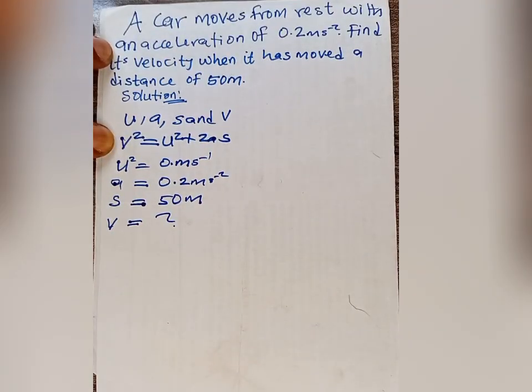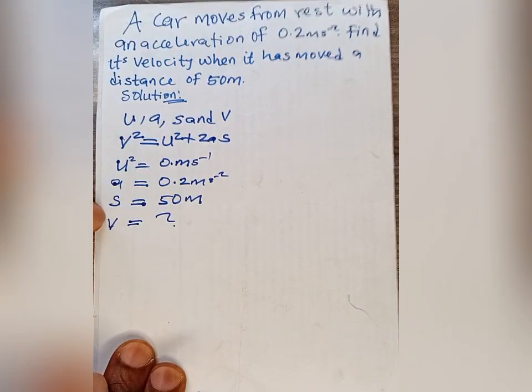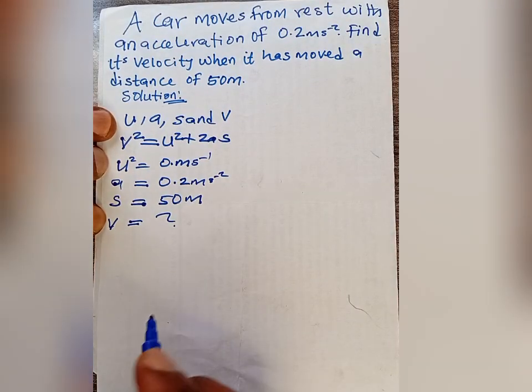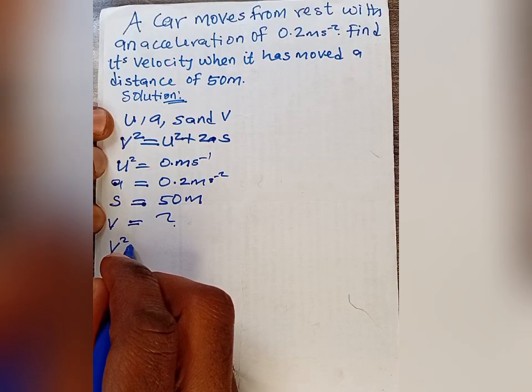And we are asked to find the velocity of the body. To find the final velocity v, we substitute each of these values into the equation, making v the subject of the formula.